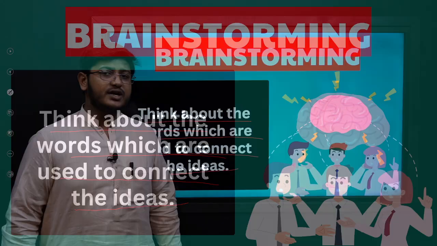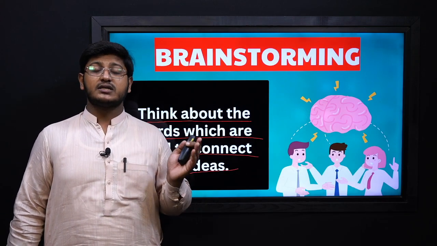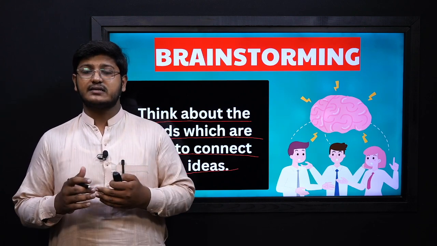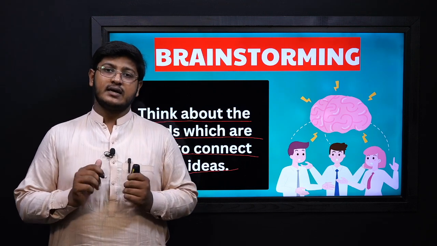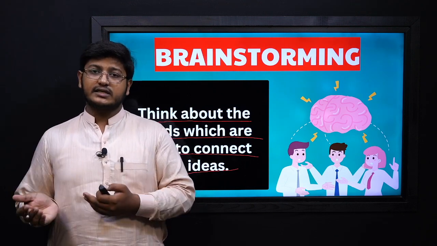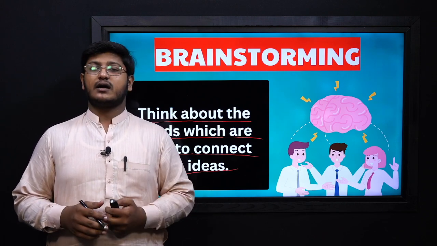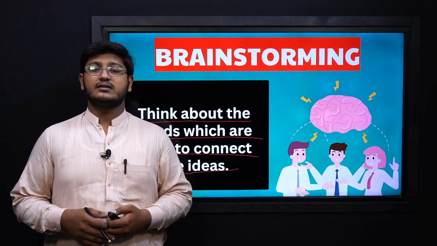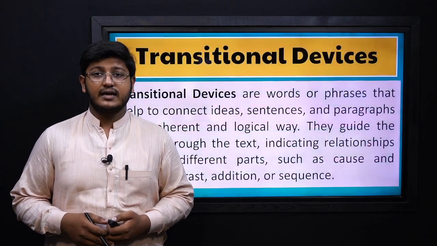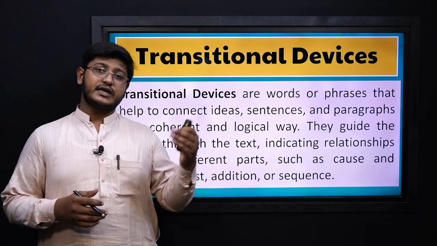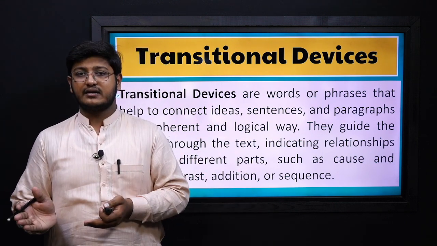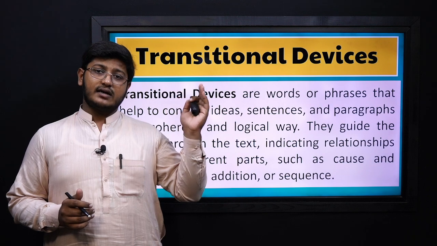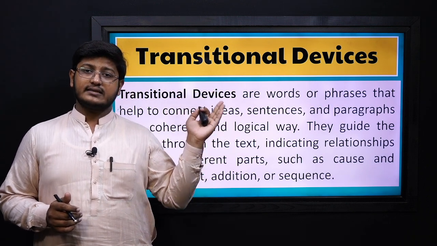So students, you have read about the connectors, the connecting words, but in language there are some words which work as the connectors of the ideas, the connectors of the logic, the connectors of cause and effect. These connecting words are called transitional devices, because they transit one idea to the second, they bring the stance from one idea to the second, they start a new thing with the legacy of the previous thing.